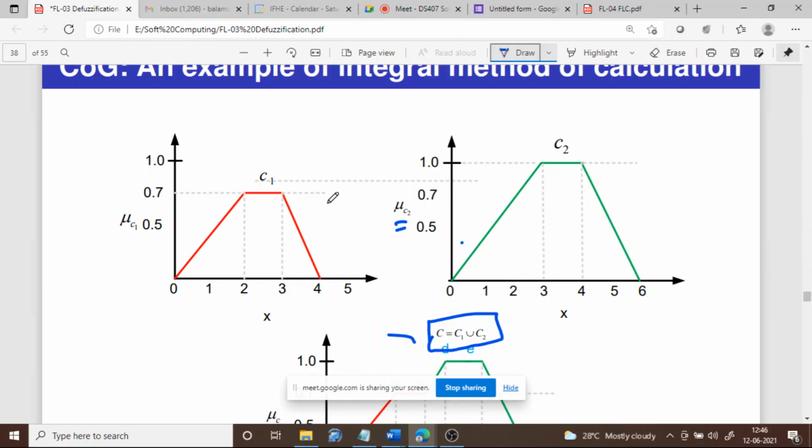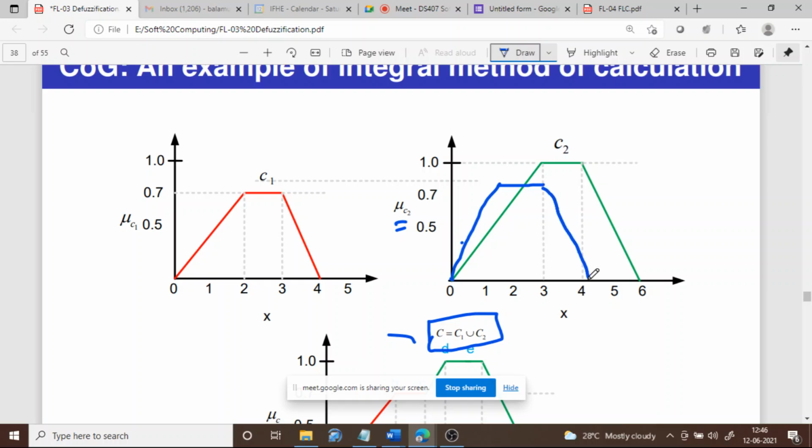If I draw C1 in this plot, at 2 it is reaching 0.7, then up to 3 it continues at 0.7. Then from 3 it goes down up to 4.